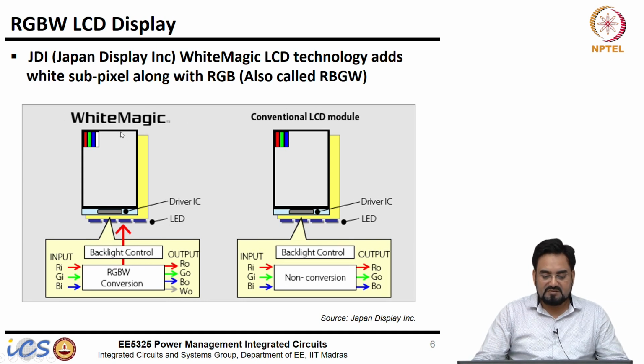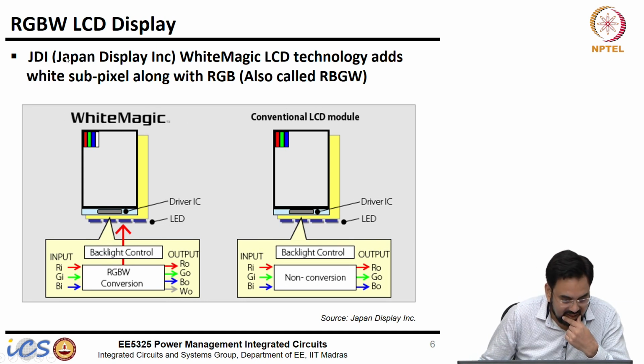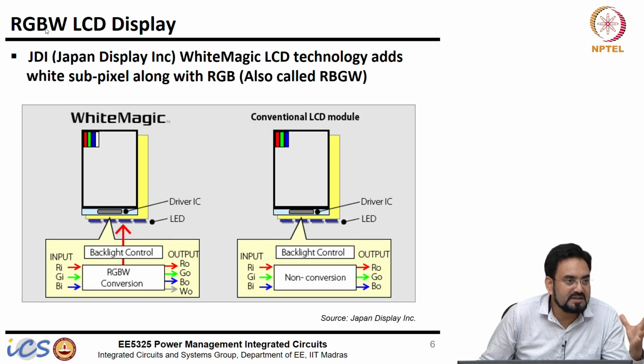Okay, so there is one more display called RGBW. We already know that red, green and blue are required. So if I want a white light, then I have to turn on all 3 pixels, red, green and blue. But if I add a white pixel, then instead of turning on all of them, I can simply have one single white pixel, and you can think of the white pixel as nothing but a transparent one.